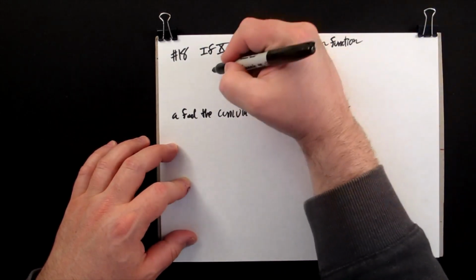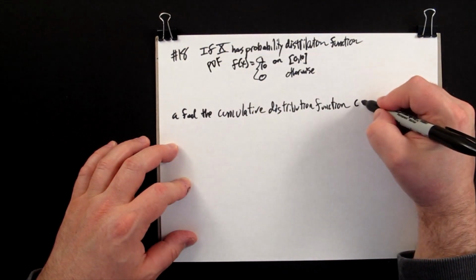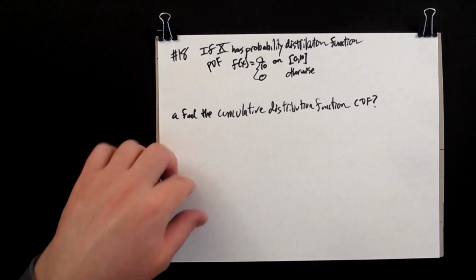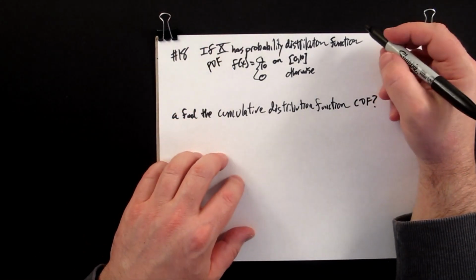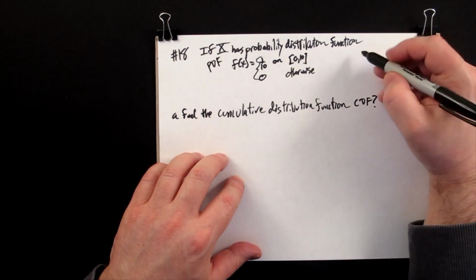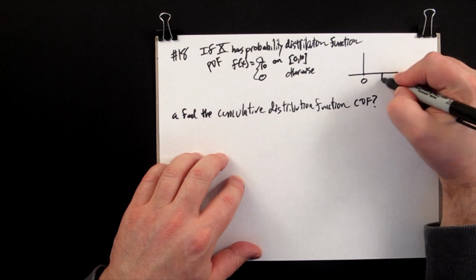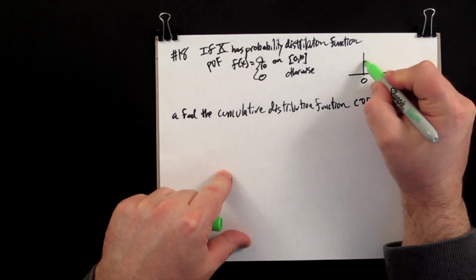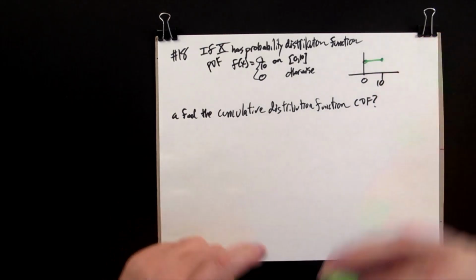So we're given the PDF here and being asked to find the CDF. Okay, so this is a uniform continuous distribution, and the idea is on between 0 and 10, this is going to turn on and be a certain height that gives it area 1.